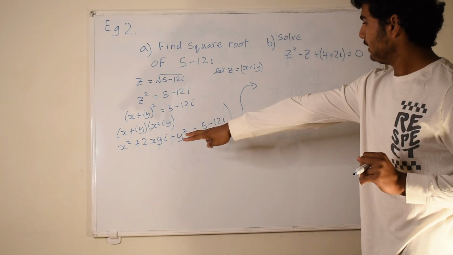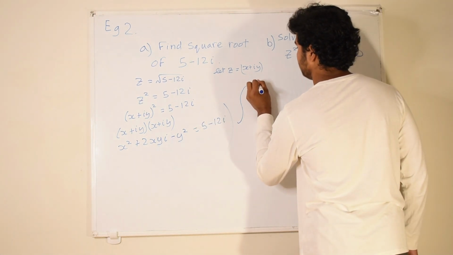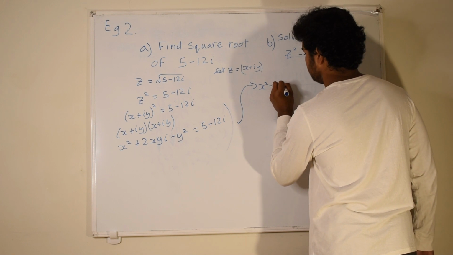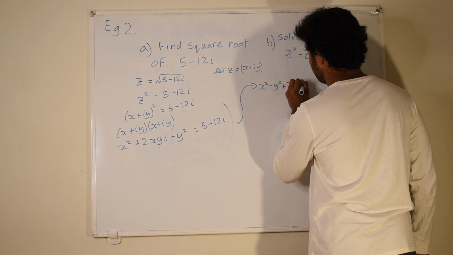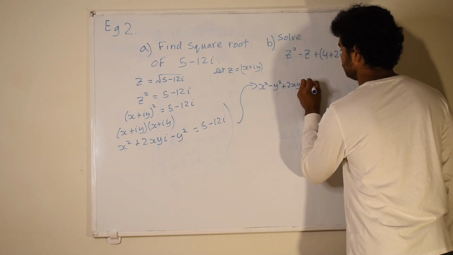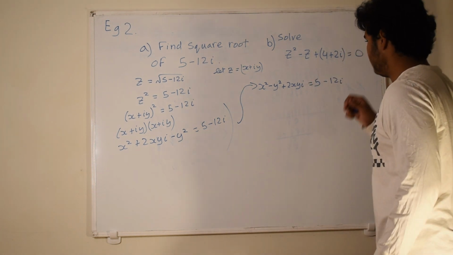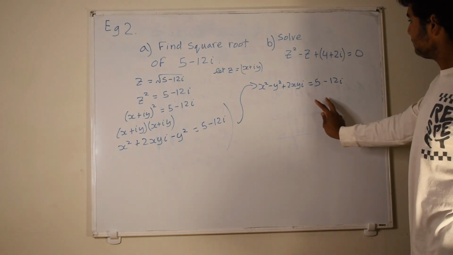So we get x squared minus y squared plus 2xyi equals 5 minus 12i.